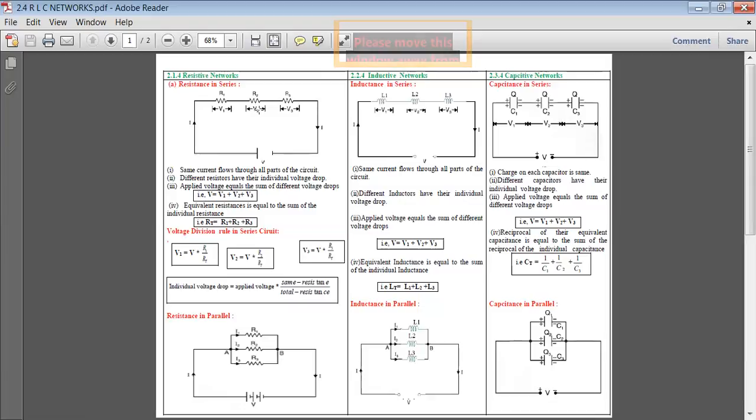If I want to find V2, it is the applied voltage into the same resistance R2 by the total resistance. If I find V3, V3 is equal to the applied voltage into the same resistance by the total resistance.